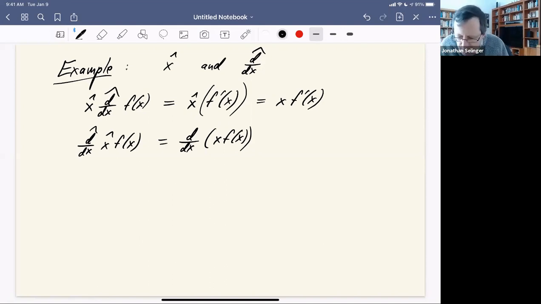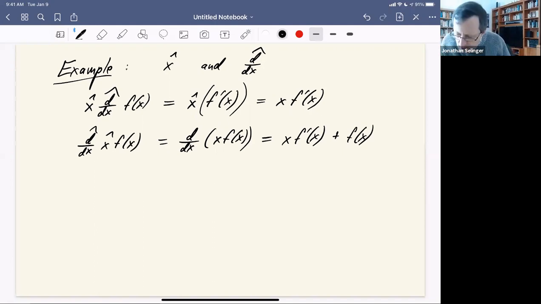Okay. If we want to get that, we have to use the product rule. Okay. You have to remember the product rule that you learned in first year calculus. Okay. The derivative of the product is the first times the derivative of the second plus the second times the derivative of the first, which is just one in this case.